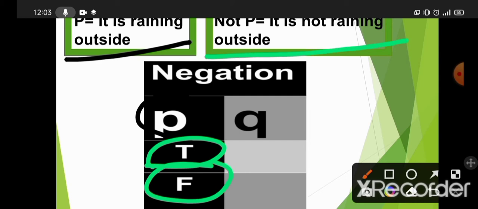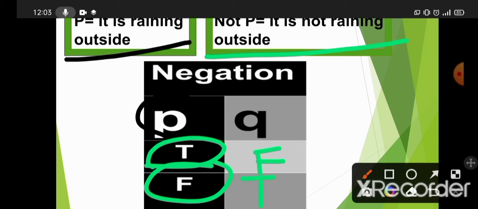So if it is raining outside, then not P is false. And if it is not raining outside, then not P is true. So they are opposite.